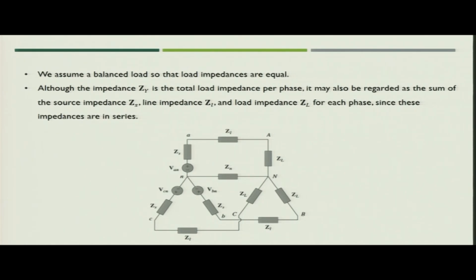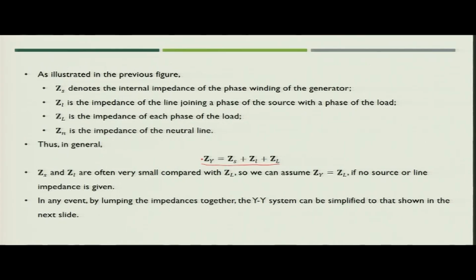Since these three are in series, ZS, ZL and the load impedance capital ZL, you can club all of them as ZY equal to ZS plus small zl plus capital ZL, where ZS is the internal impedance of the phase winding of the generator, ZL is the impedance of the line joining the phase of source to the phase of load, capital ZL is the impedance of each phase of the load, and Zn we have considered as the impedance of the neutral line.